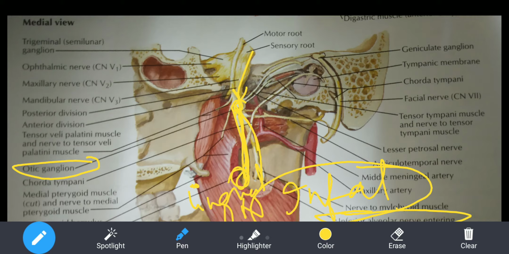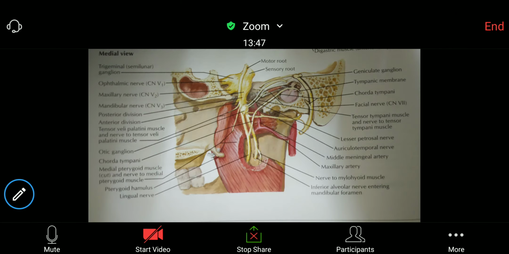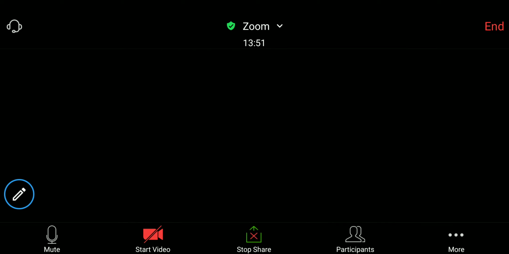This lingual nerve, one, it is going and supplying the tongue. The second thing is that it is related to one ganglion, that is the submandibular ganglion. Okay, submandibular ganglion. You will not be able to see all that in this diagram. I will show you the other diagram. Please wait.